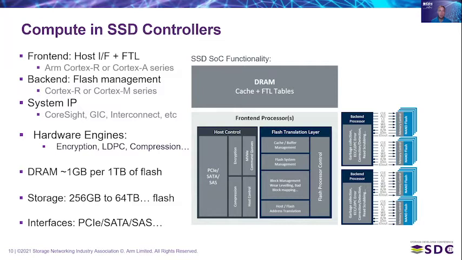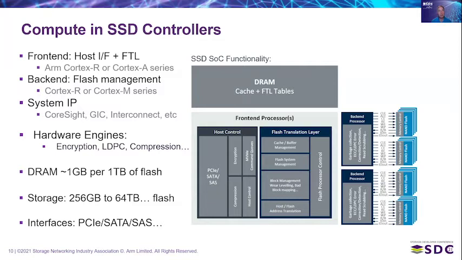But in addition to those CPUs, there's a significant amount of system IP that goes into that. And I think certainly one of the most important is debug. In ARM's case, that's CoreSight debug. Without that visibility, it is very difficult for the firmware team to develop their code, get that code perfected and bug-free in order to actually ship a product.